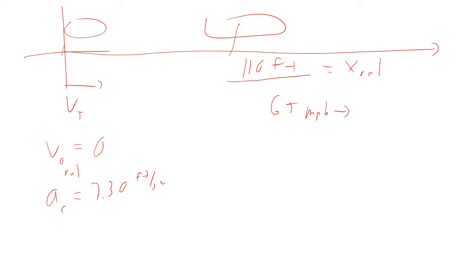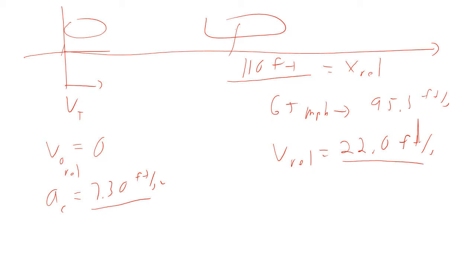Well, 65 miles per hour, like last time, is 95.3 feet per second. So that means the relative velocity, like last time, is 22 feet per second. So it accelerates at 7.3 feet per second squared until it reaches that velocity right there.